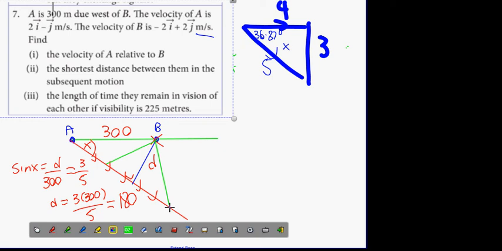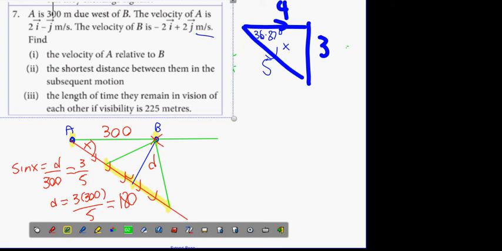At the beginning of this, you're located here, 300 meters away from B. At the closest point, you're 180 meters away from B. So there's a point at which you will reach 225 meters away from B, and then you'll get closer, and then at the end you'll also be 225 meters away from B. So we want to figure out the length of this region in here. Once we figure that out, we divide it by 5 to figure out how long we were in that region for.